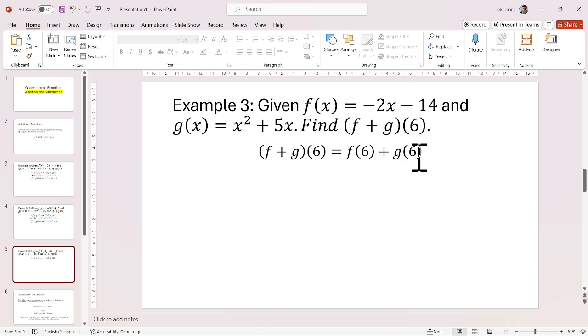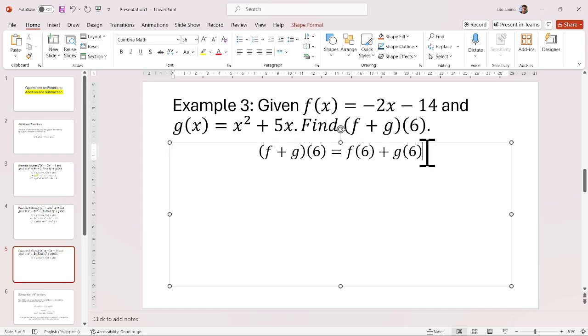But if we do that, we will have to do two evaluations of functions. So it is better that we first add the two functions before we evaluate the sum at x equals 6. What do I mean? It means that we will first add the two functions.